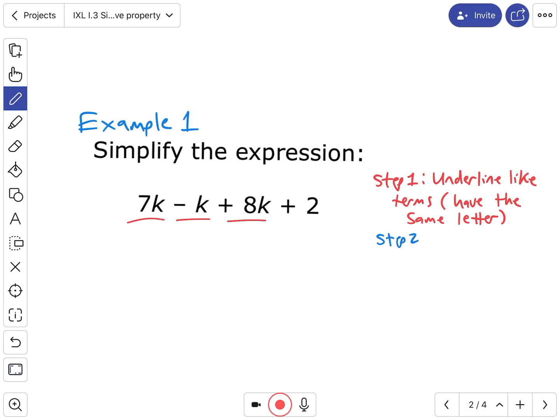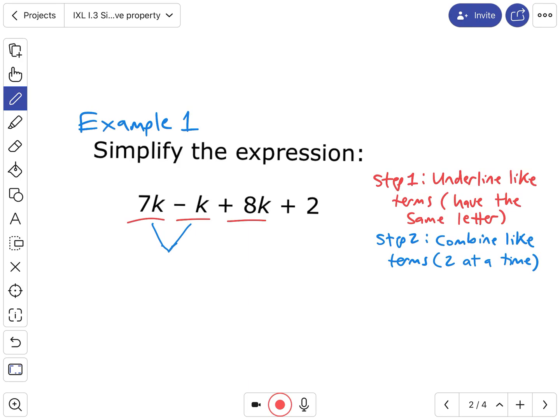And so step 2, combine like terms. And you really should only do this 2 at a time. You don't want to do too much. And so I'm going to draw this arrow connecting the 7k to the negative k, and they're going to meet up kind of like a V here. It's like a funnel.